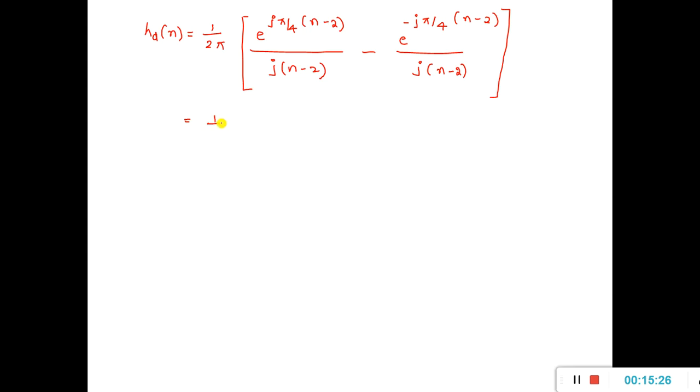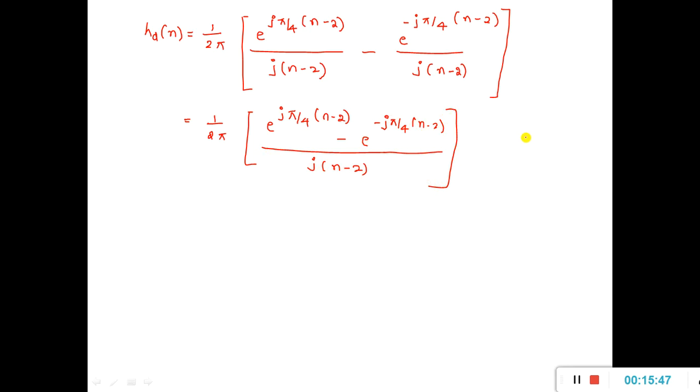So I can rewrite this equation as, look at this very carefully, e to the power of j pi by 4 (n minus 2) minus e to the power of minus j pi by 4 into (n minus 2), whole divided by j times (n minus 2).